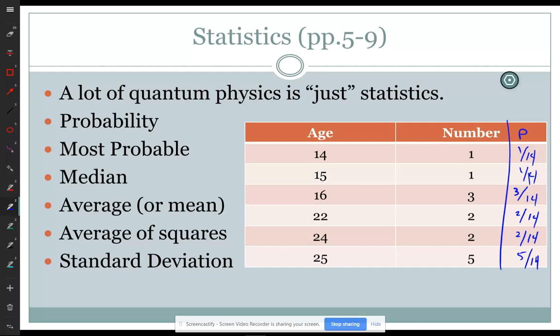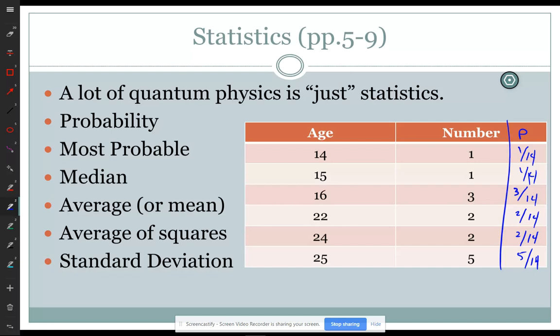Now to something that is a little more quantum physics-y. What's the median age? What does the term median mean? The middle one. So if we look here, there are 7 people that are 22 and younger, and 7 people that are 24 and older.